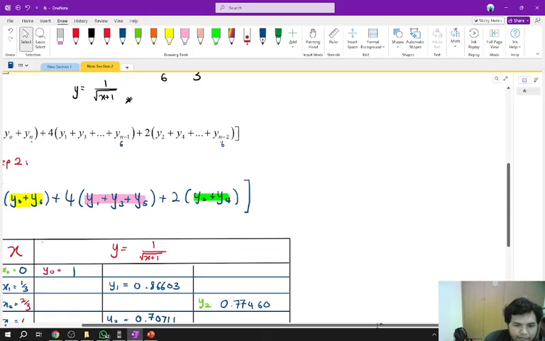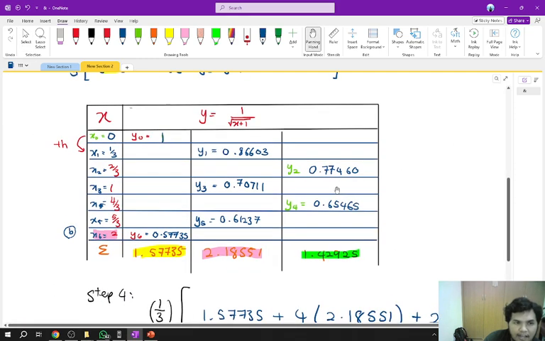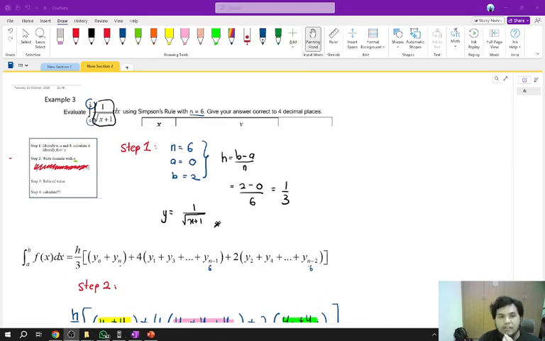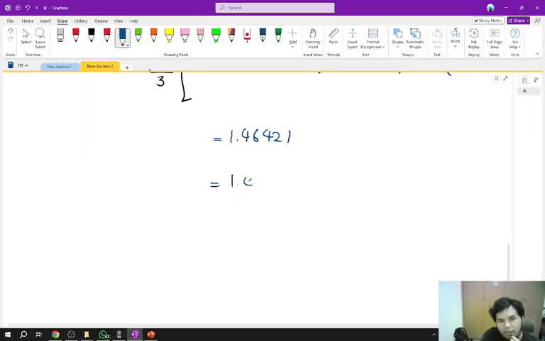Alright, so we have done, but always check the last request. We have to put the answer with 4 decimal points. Therefore, we write our answer as 1.4642 as the final answer.